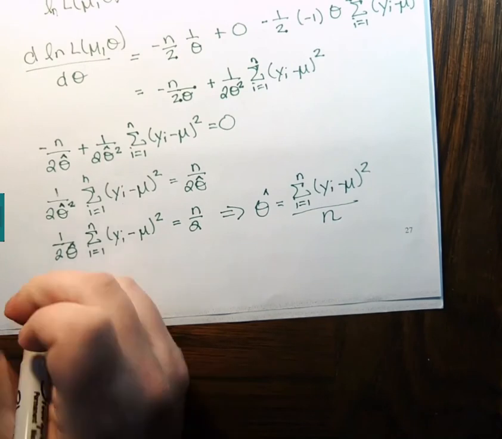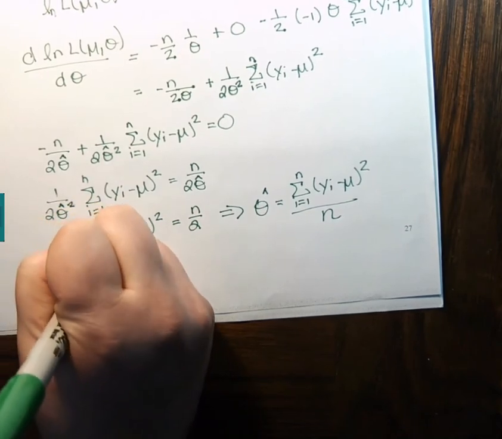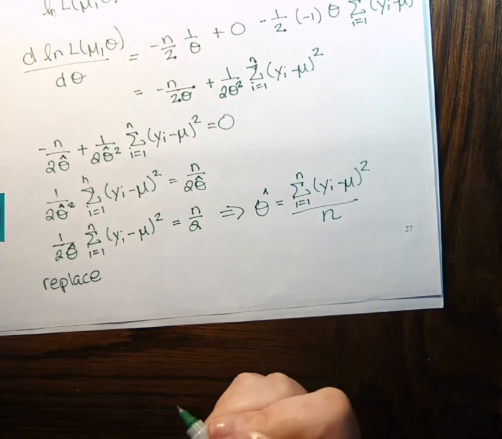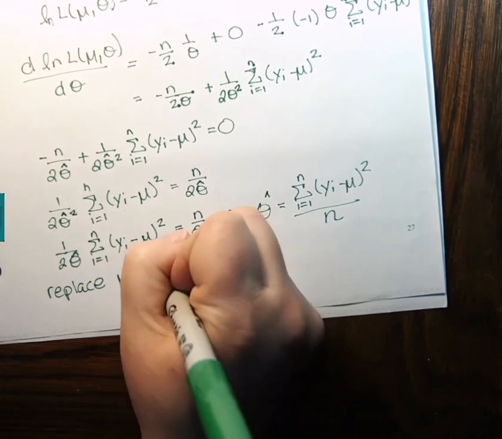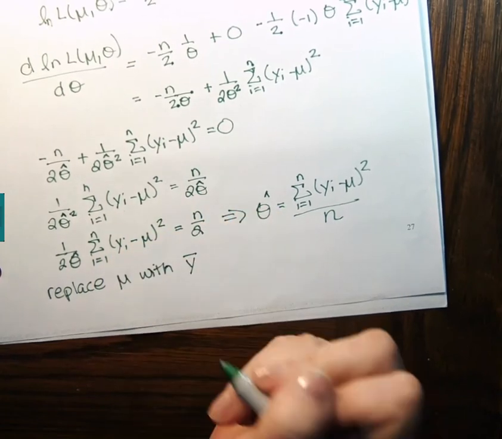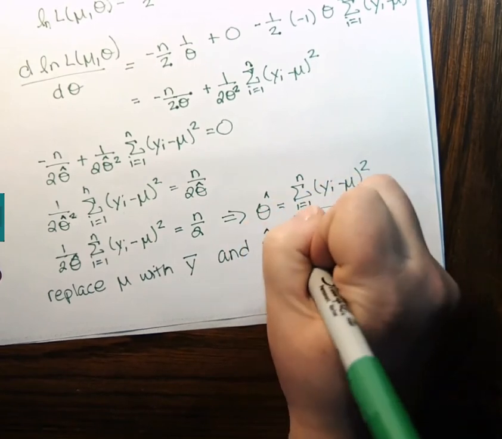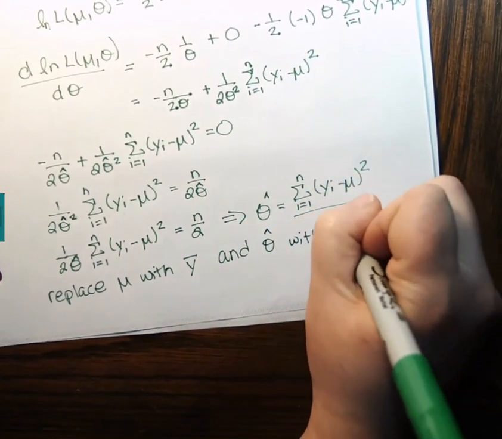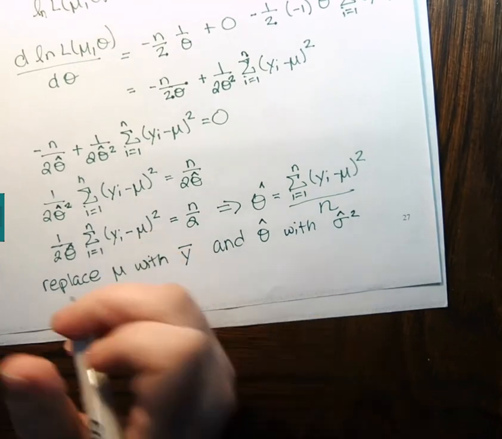So now what we can do is replace mu with our estimate for mu, which was y bar, and we can replace our theta hat with sigma hat squared, because that's really what theta hat is, an estimate for sigma squared, and this gives us the following.